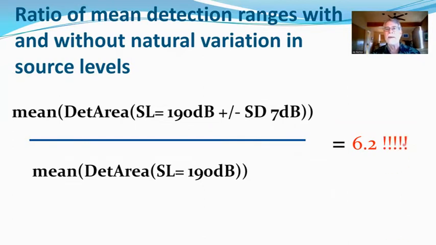This is a bias. This is an enormous bias in estimating abundance or density. This isn't a 6% bias, this is a 600% bias, a six-fold underestimation of the true abundance if you use the mean detection area.